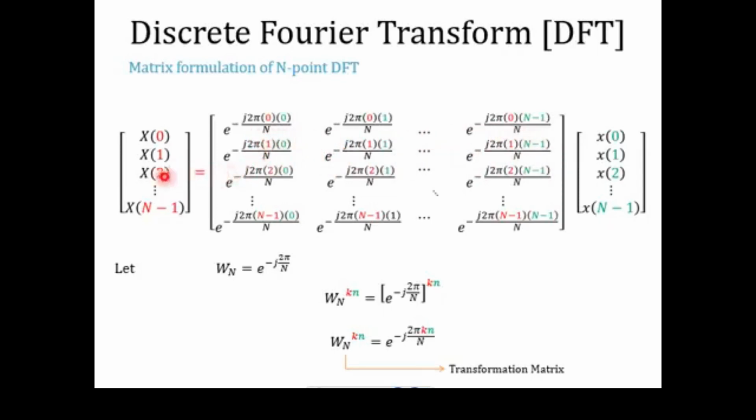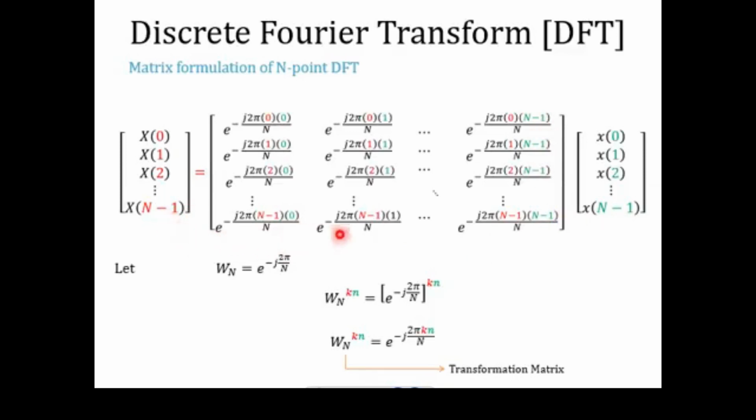So to calculate a single frequency domain coefficient value, a single row of a matrix will be multiplied with the whole time domain sequence. Or in other words, to calculate a single frequency domain coefficient value, all the n samples of the time domain sequence will be utilized, and this procedure will be repeated n times for the calculation of n harmonics.